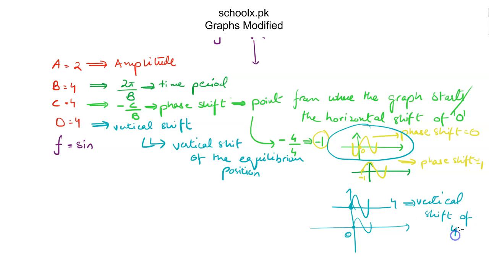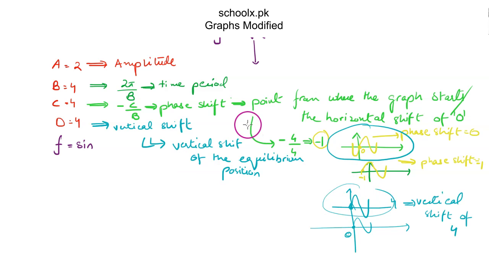Now if we combine all of them together, let's revise a little bit. A stands for amplitude, b is 4, 2 pi over b stands for time period, c is 4, negative c over b stands for phase shift, and d equals 4, and d stands for vertical shift, which I have shown you right here.